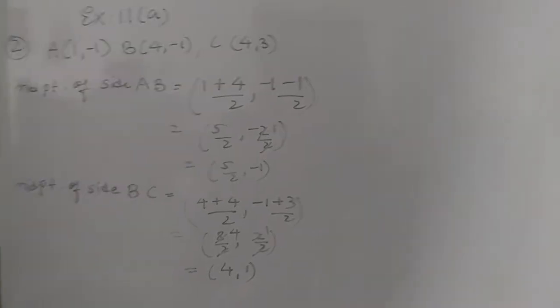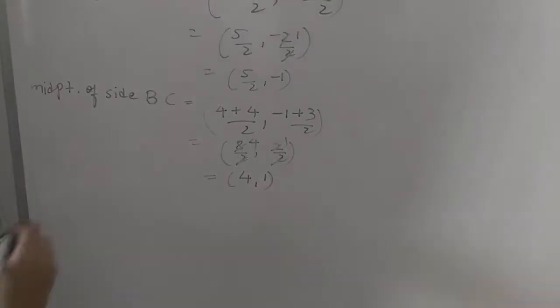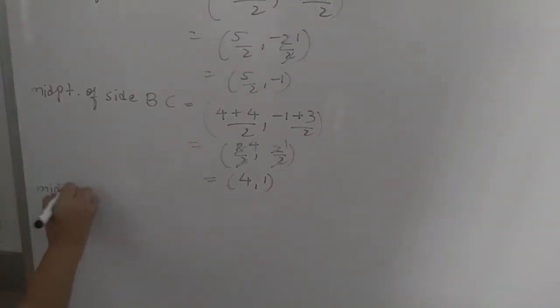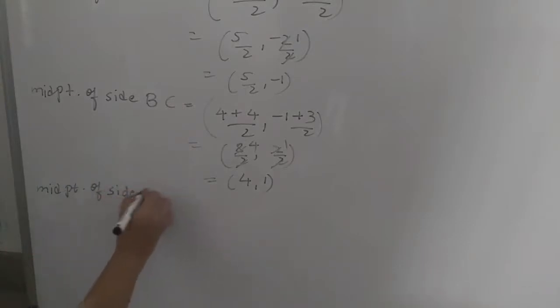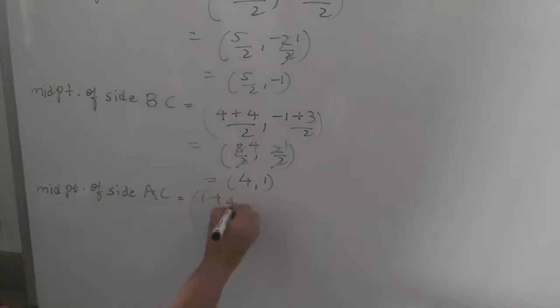Now we'll find the third side AC's midpoint. I write here midpoint of side AC. Students, in the same manner we'll take A and C, x1 and x2, that is 1 plus 4 by 2, minus 1 plus 3 by 2, which is equal to 5 by 2, 2 by 2.